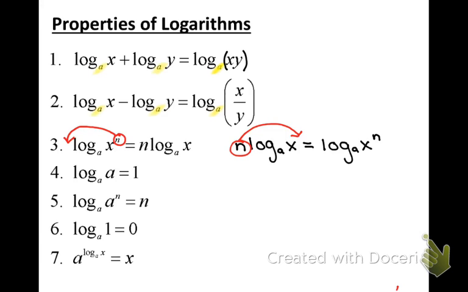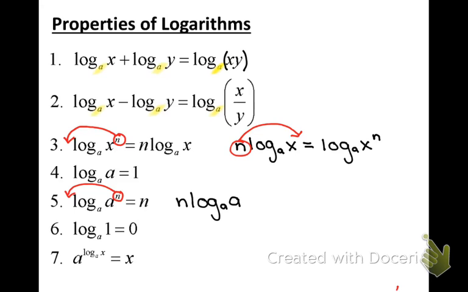All right, now we have log base a of a equals 1. We saw this one already. Remember that when we are thinking about logarithms, this really means that a to the first equals a. So we got that one checked off our list. The next one essentially combines 3 and 4. Keep in mind that this exponent n I can bring down front. And now this would give me n log base a of a.